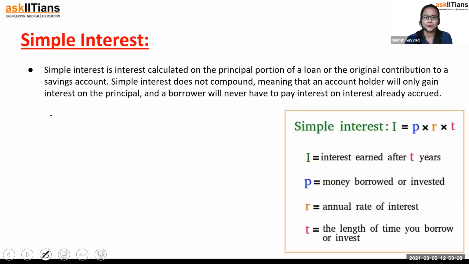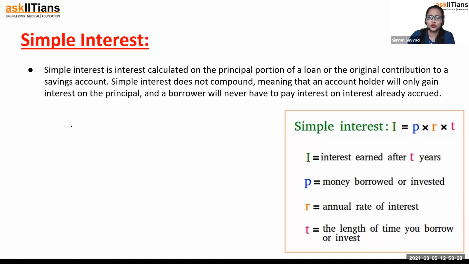Okay. Perfect. So simple interest, I've already told you, is the interest which is calculated on the principal amount, the main amount, the original amount, or the loan which we have taken. And according to that, whatever the rate of interest is, whatever the time is, whatever the n is.